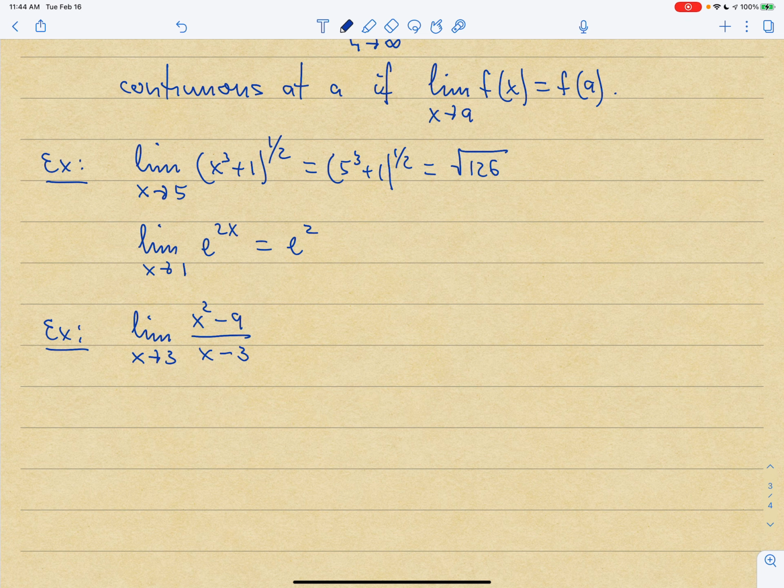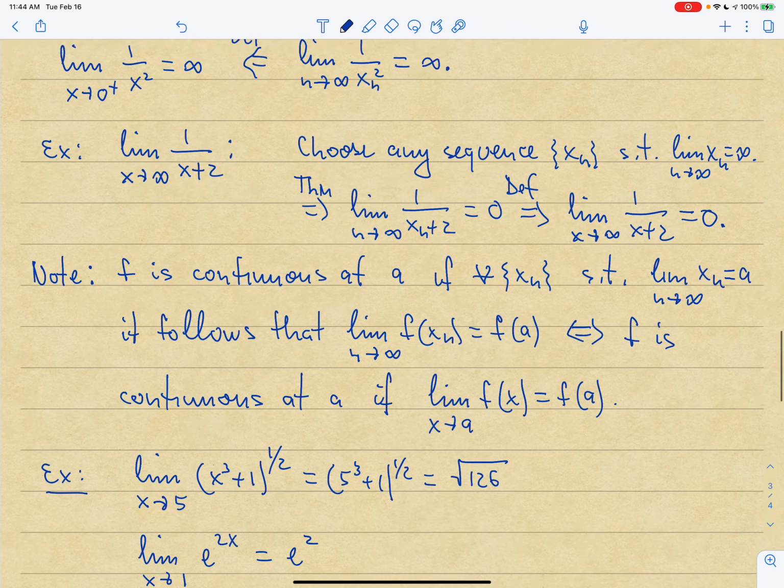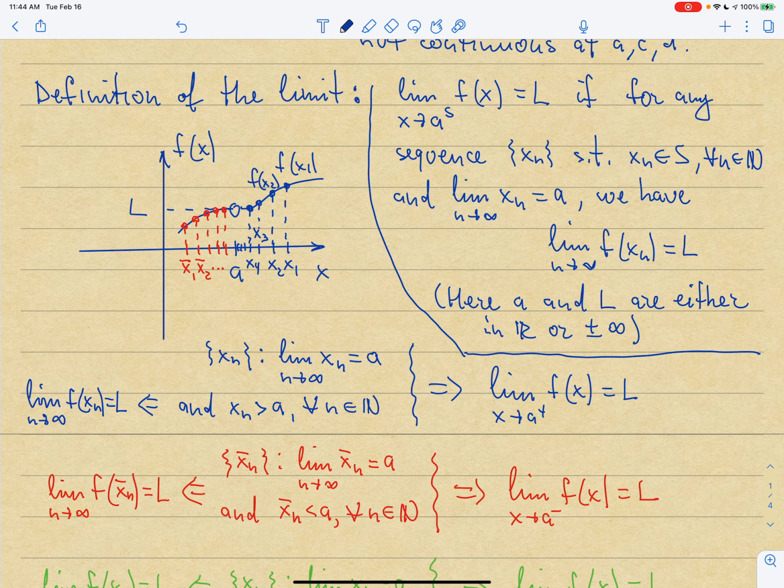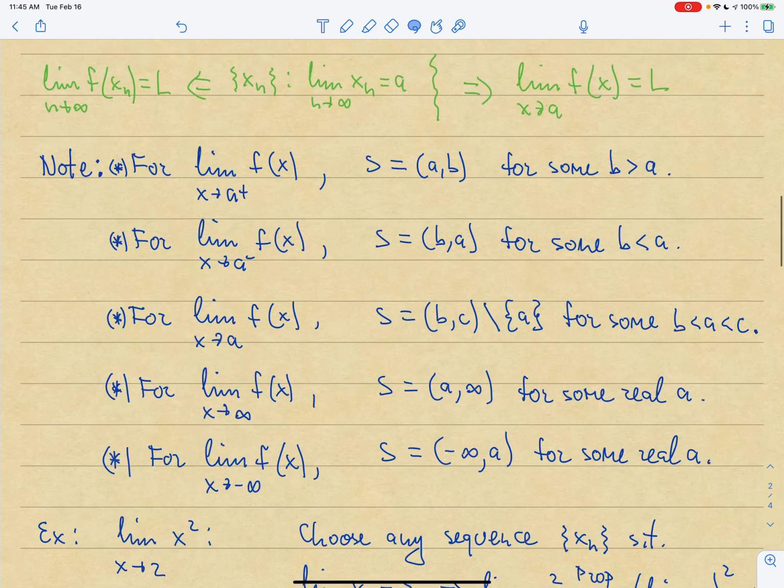Because the function (x squared minus 9) over (x minus 3) is not defined at 3. So I cannot just plug in 3 and say what the limit is. And likewise, I cannot say, okay, my function is undefined at 3, so therefore the limit does not exist. You have to be very careful here, because if we go back to this picture, the function is not defined at a, but certainly the limit exists at a.